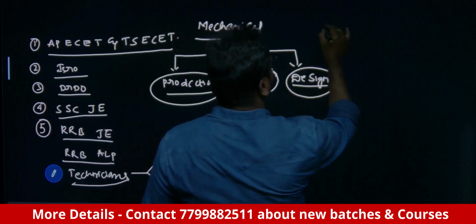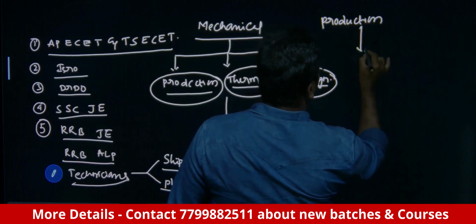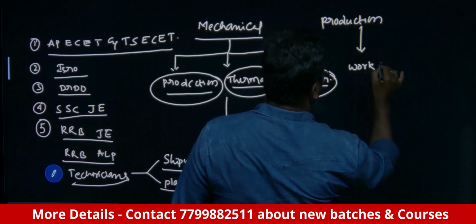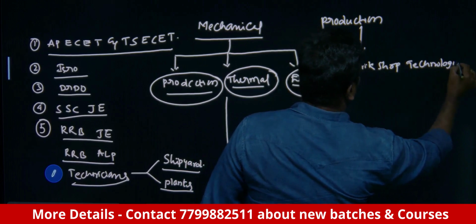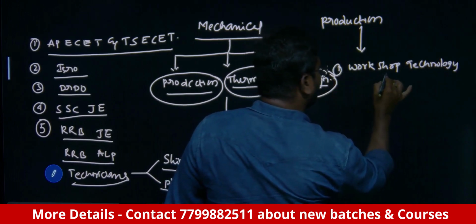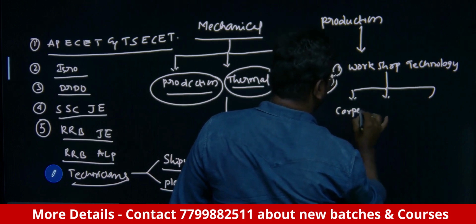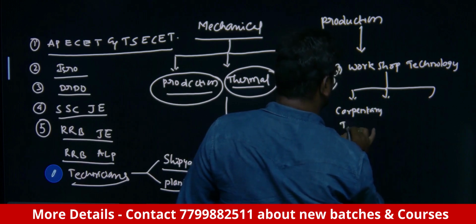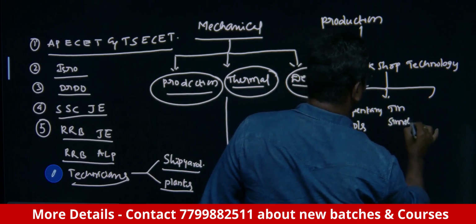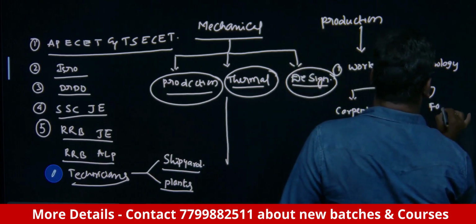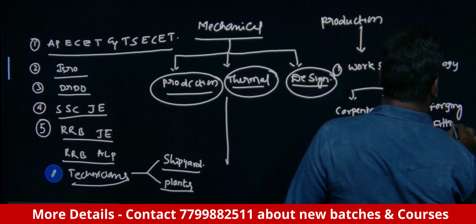First, in production, we discuss in detail. The main thing is workshop technology. In workshop technology, what you will learn is carpentry tools, tinsmithy tools, forging operation tools, and fitting operation tools.